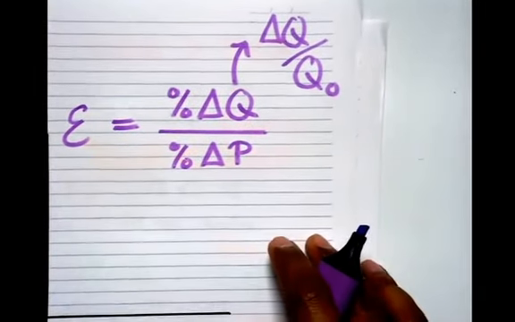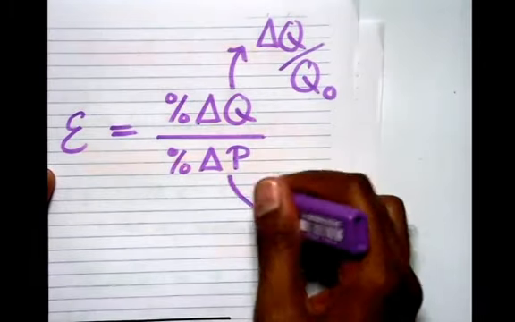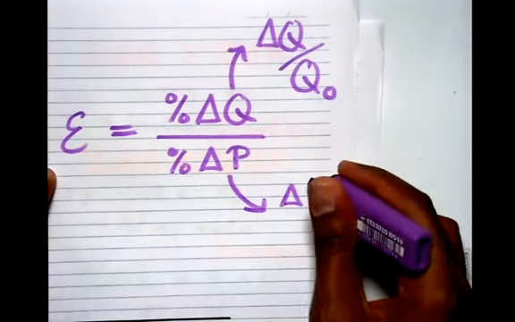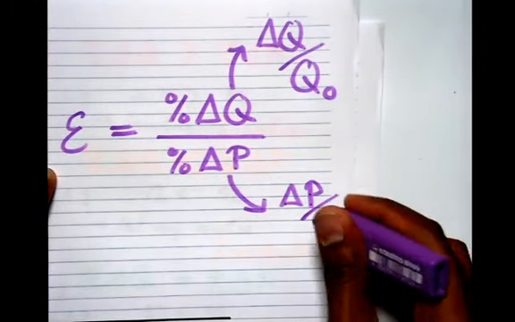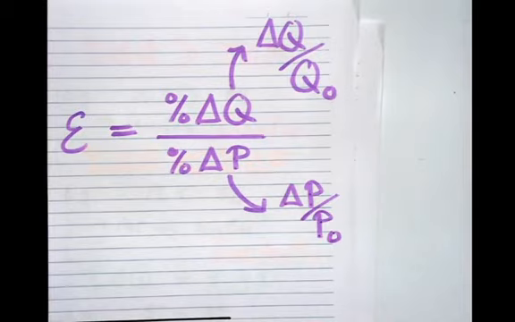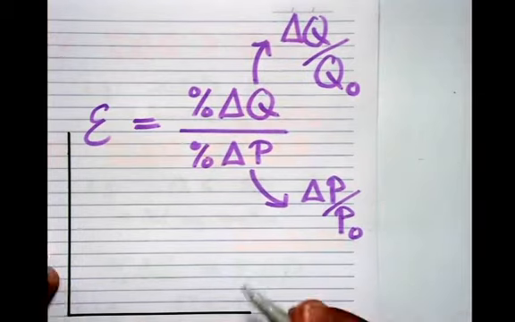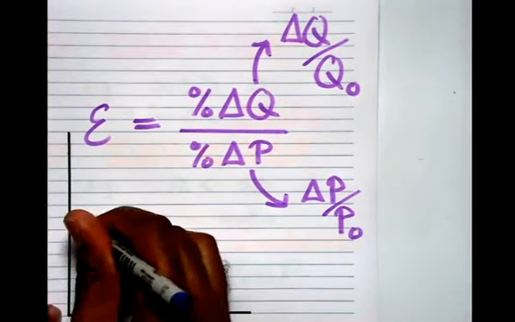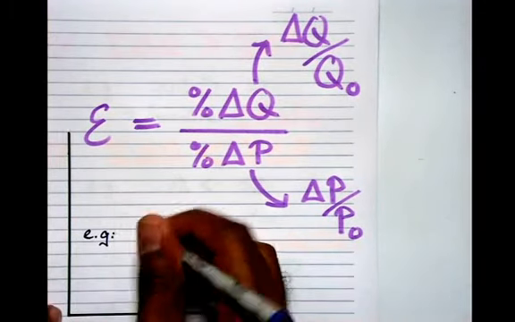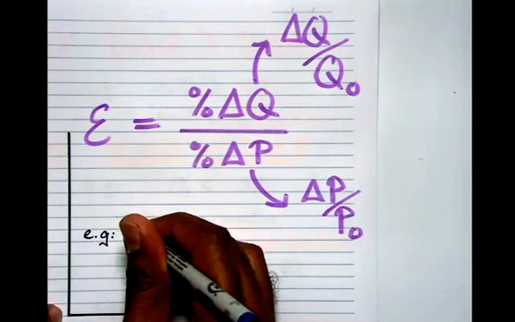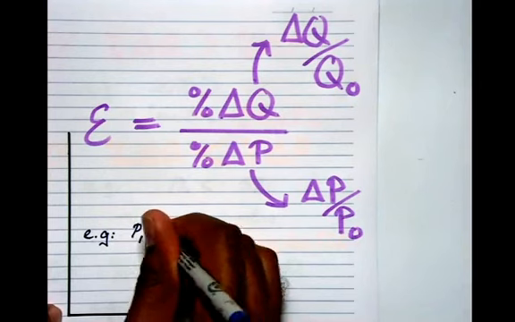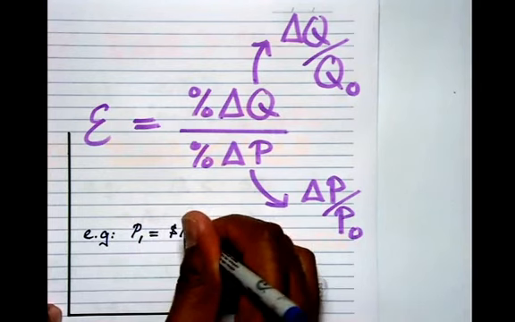And how do you calculate the percentage change in price? You look at the change divided by the original price. Now, just to make this a bit more real for you, let's say a $100 item, the price used to be $100.